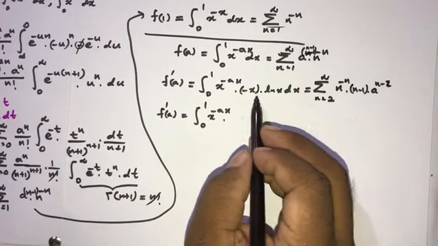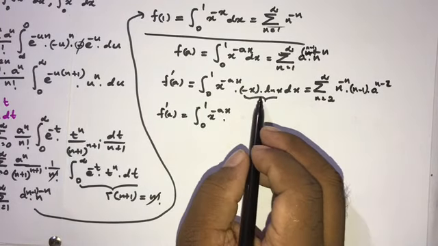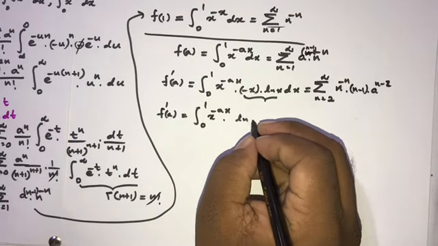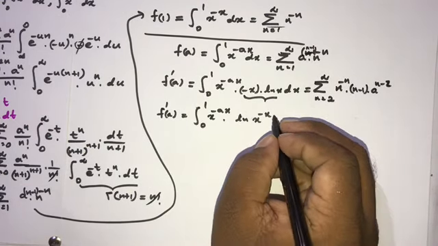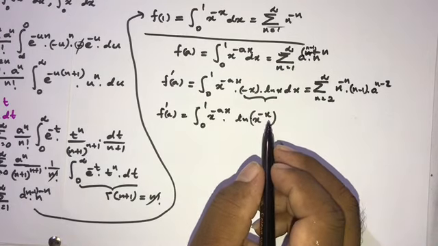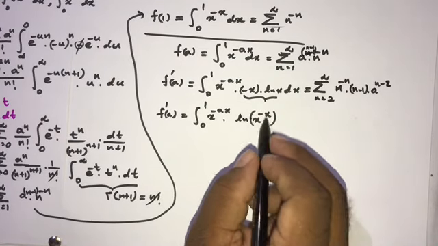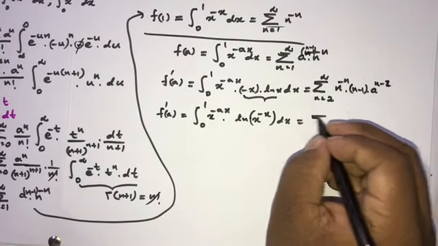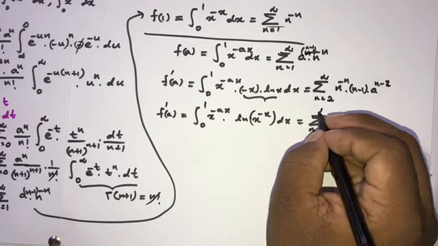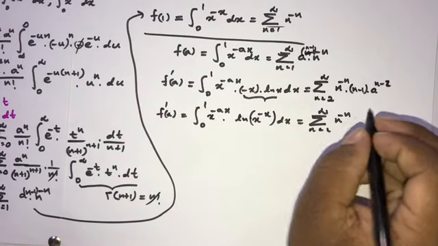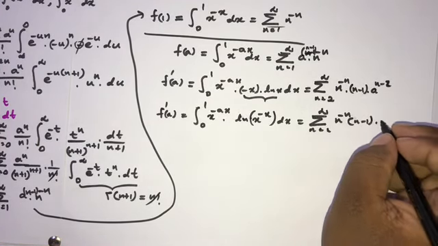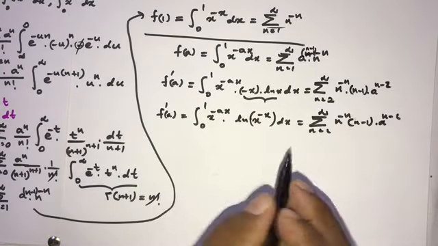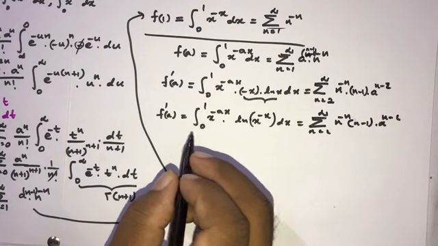Now here we can write this is equal to natural log of x to the minus x. According to property of natural log, we can write natural log of x to the minus x dx, and we know this is equal to n is equal to infinity n to the minus n minus 1 a to the n minus 2. And now again I am going to substitute 1 for a.